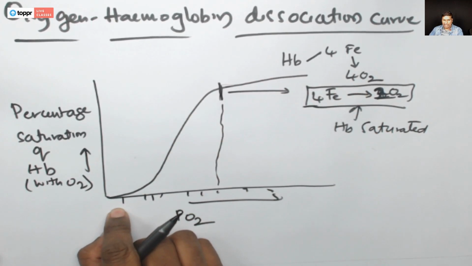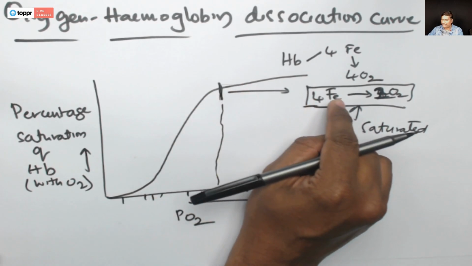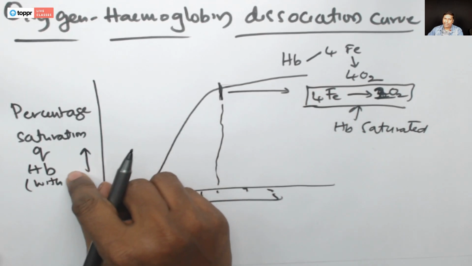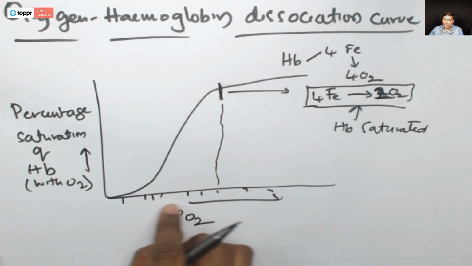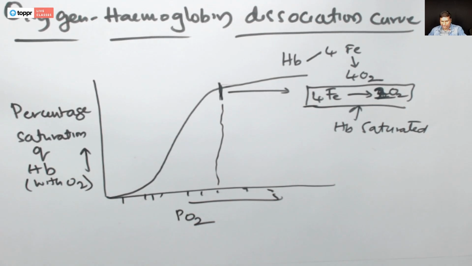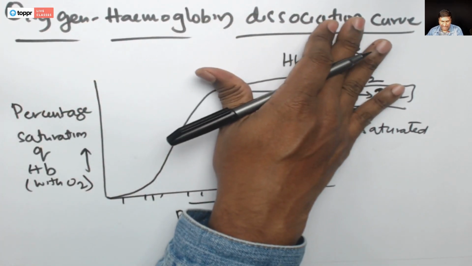However, at the lower concentrations, the saturation, or the number of oxygen molecules that the iron in the hemoglobin can bind, will gradually increase by increasing the partial pressure of oxygen. Right. So this is the oxygen hemoglobin dissociation curve.